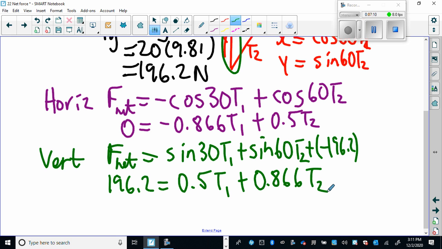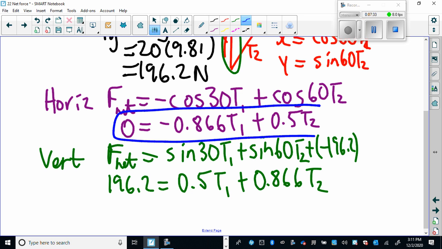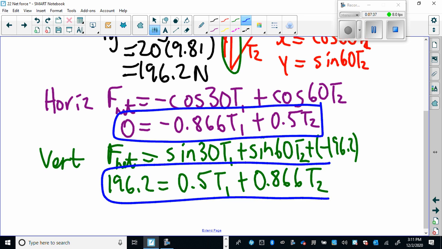Okay, we're all good. Now here's where you really have to use your imagination, and hopefully you've had Math 20-1, and then you will see right away how you're going to solve this problem. If you haven't, it's not an issue, because we're going to show you how to solve it, and then you've got a head start on 20-1. You've got two equations, this one here and this one here, and in those two equations, you have two variables.